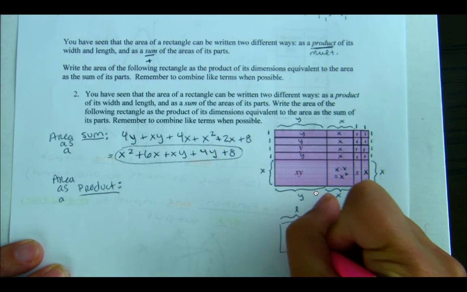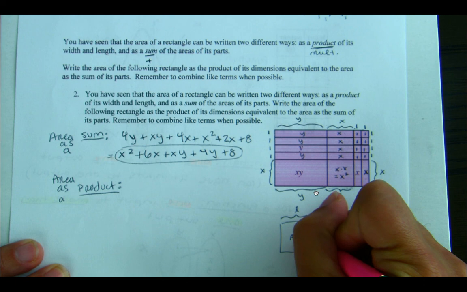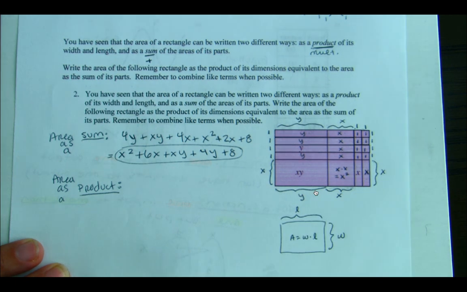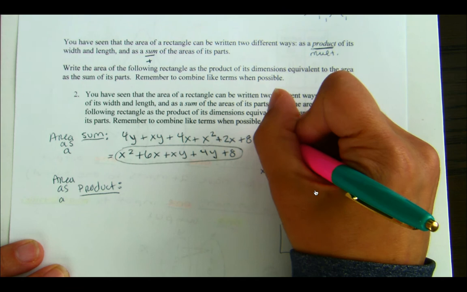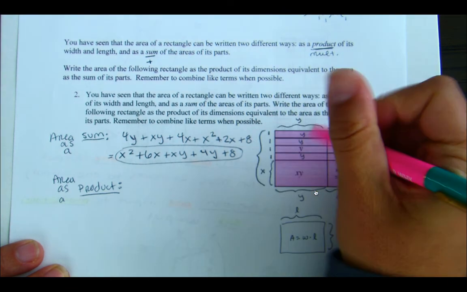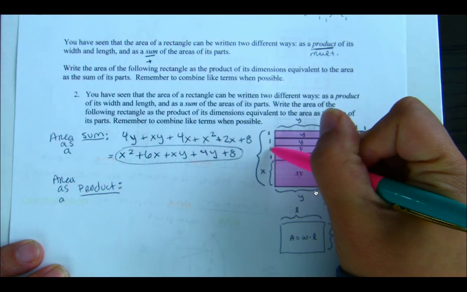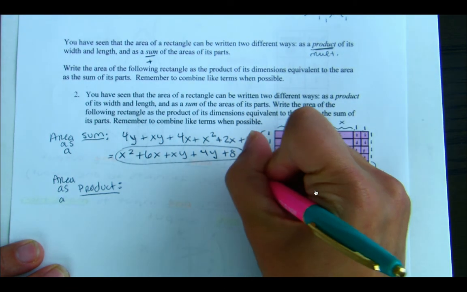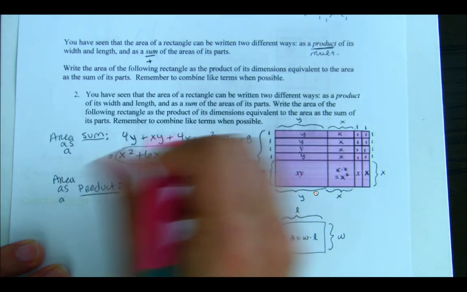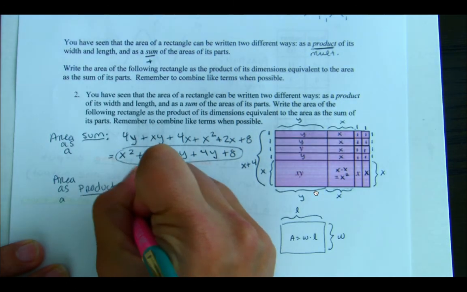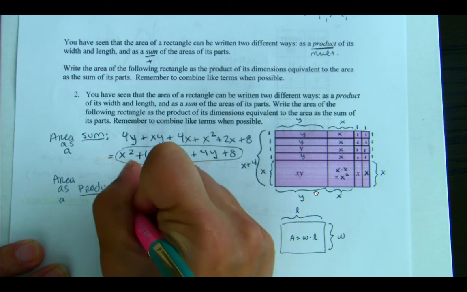So this is area equals length times width or width times length. The same idea is going to apply for this. So I can define this entire edge right here as X plus 1, 2, 3, 4. So this is X plus 4. My width, I'm going to say my width is X plus 4.